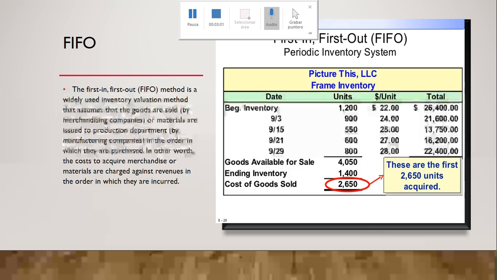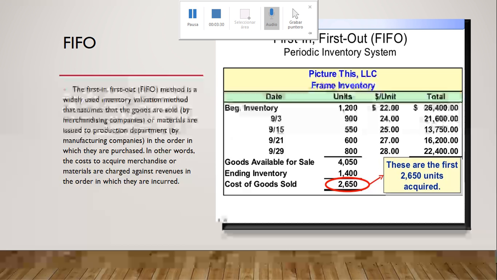Under the first in, first out method, the ending balance of inventory represents the most recent costs incurred to purchase merchandise or materials. The use of the FIFO method is very common to compute cost of goods sold and the ending balance of inventory in both perpetual and periodic inventory systems.